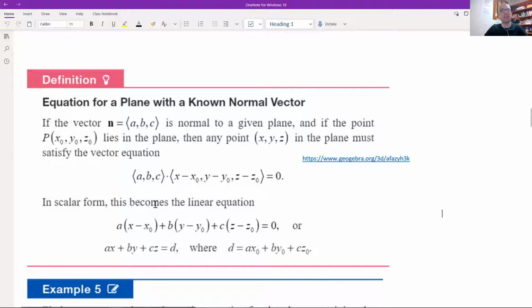Because if you were going to put in the point X0, Y0, Z0 for X, Y, and Z, then you'd get a bunch of zeros there. So it's kind of like shifting a plane out there back down so that this point's functioning like the origin.